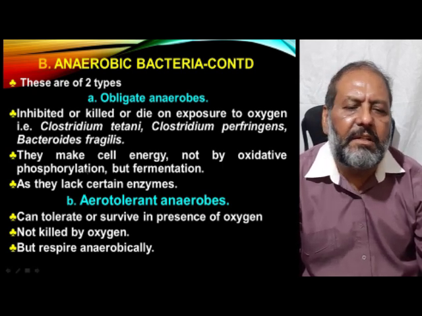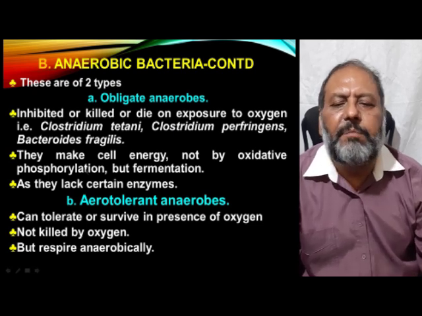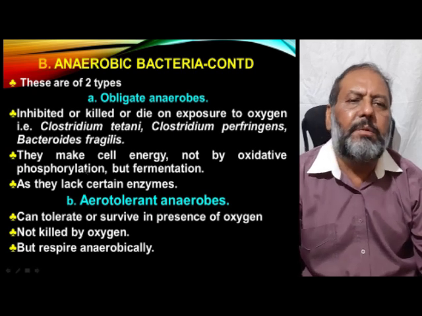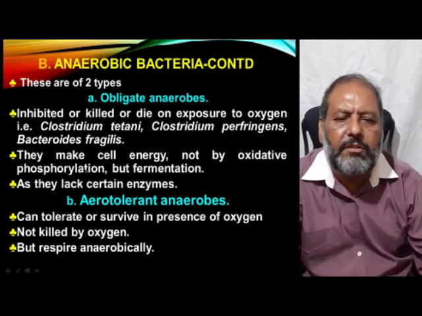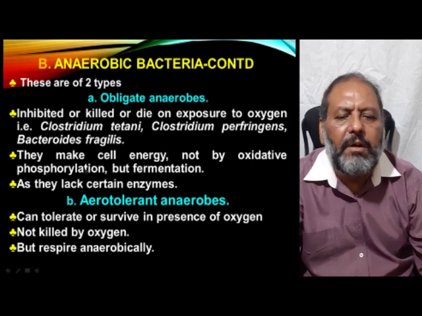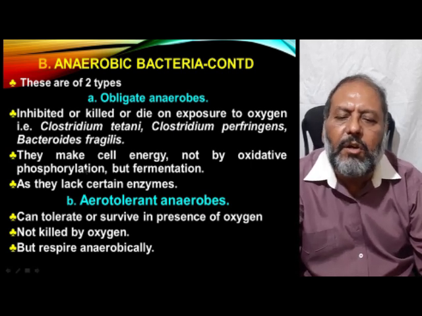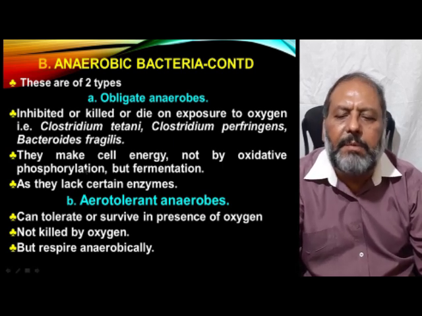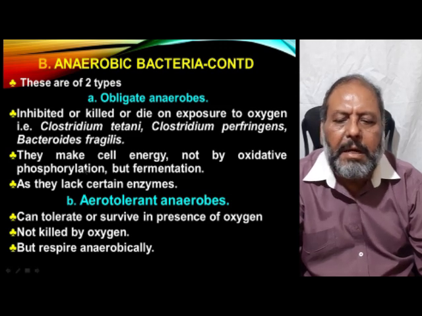They make cell energy not by oxidative phosphorylation but by fermentation, as they lack certain enzymes responsible for oxidative phosphorylation. Aerotolerant anaerobes can tolerate or survive in the presence of oxygen, not killed by oxygen like obligate anaerobes, but they respire anaerobically.